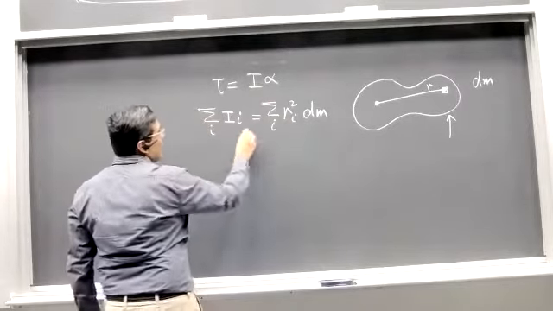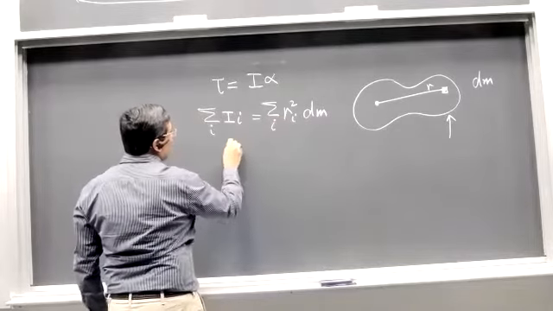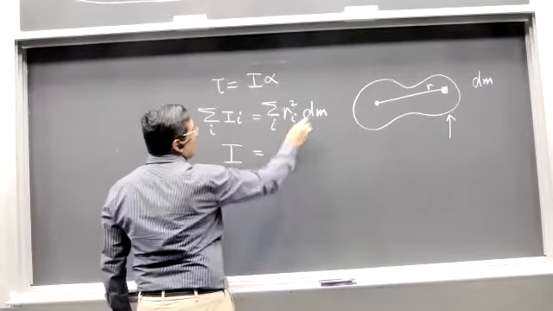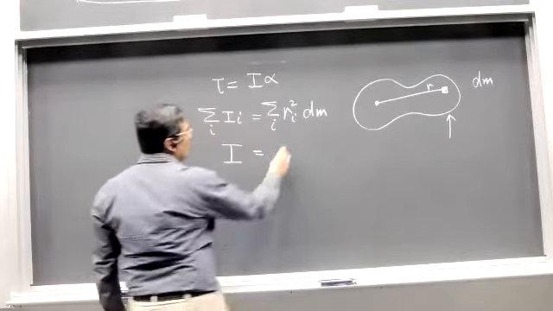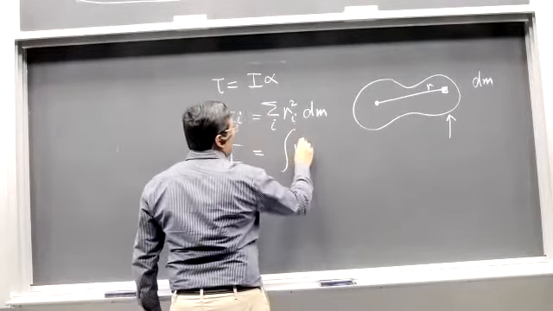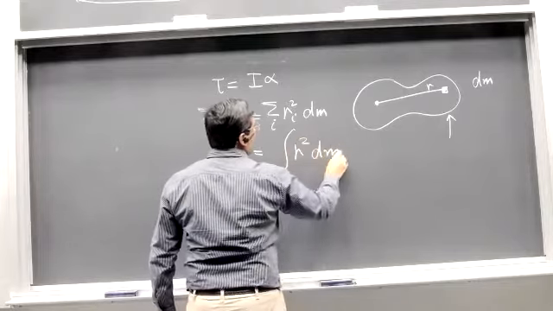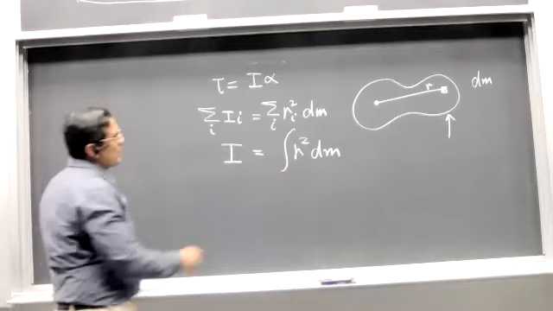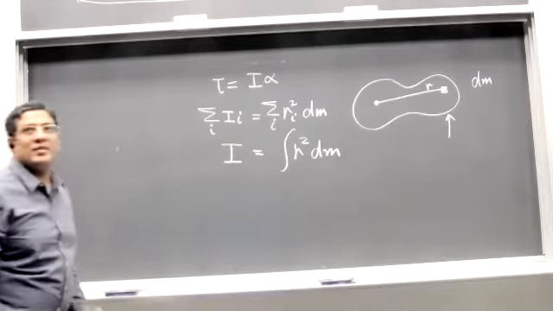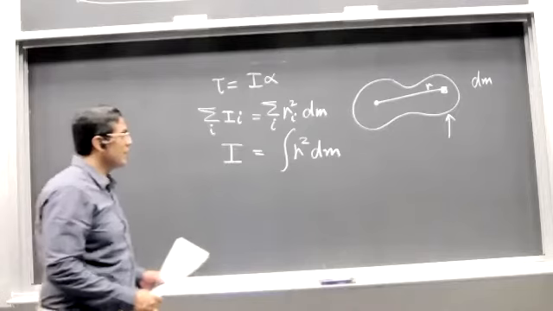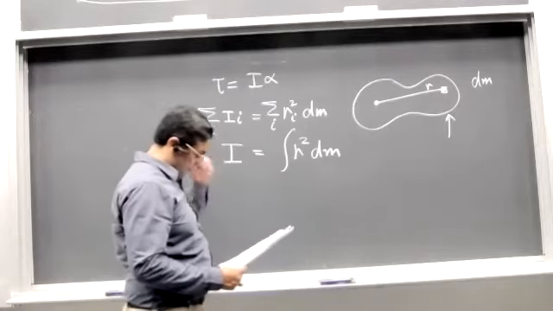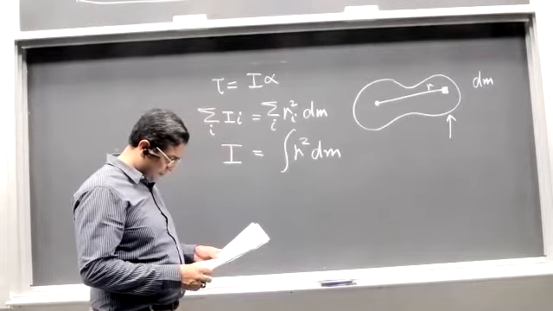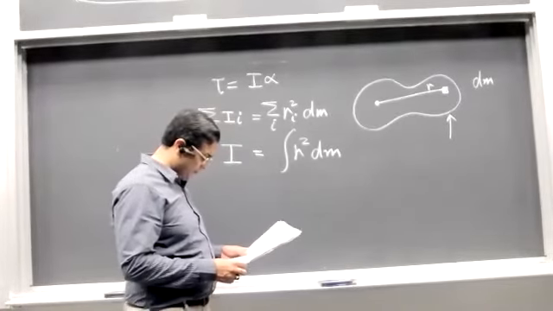This would be the total inertia of the object. If you take the limit where dm is very, very small, then this becomes the integral of r squared dm. That is the general relationship. So for every object, you must first calculate this integral.